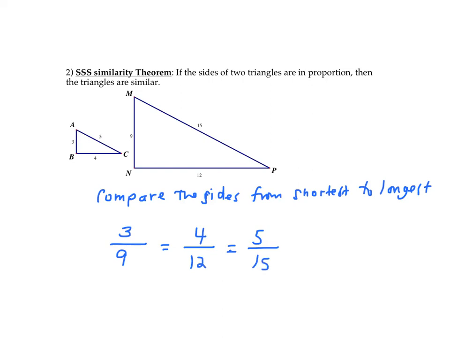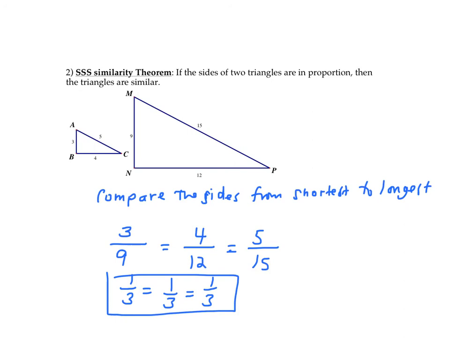Again, you've got to do it in order, either from longest to shortest or shortest to longest. Take a second and reduce all of these fractions. 3 over 9 would simplify to 1/3. 4 over 12 simplifies to 1/3. And 5 over 15, what do you know, simplifies to 1/3 as well. Since we got the same fraction every time, the two triangles are similar to one another.